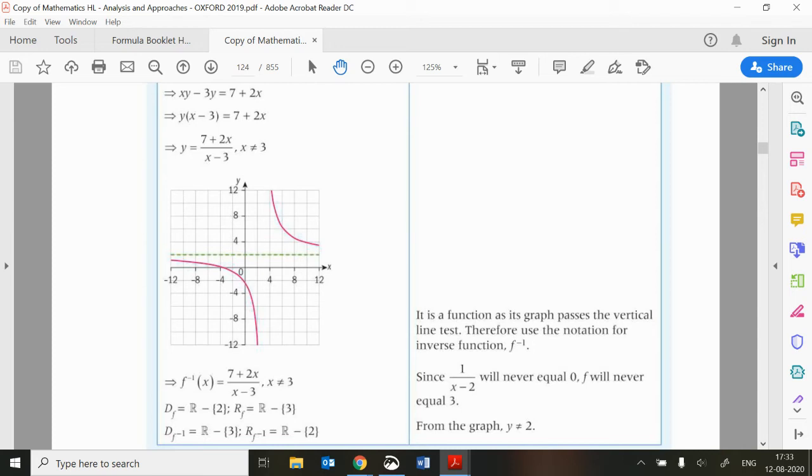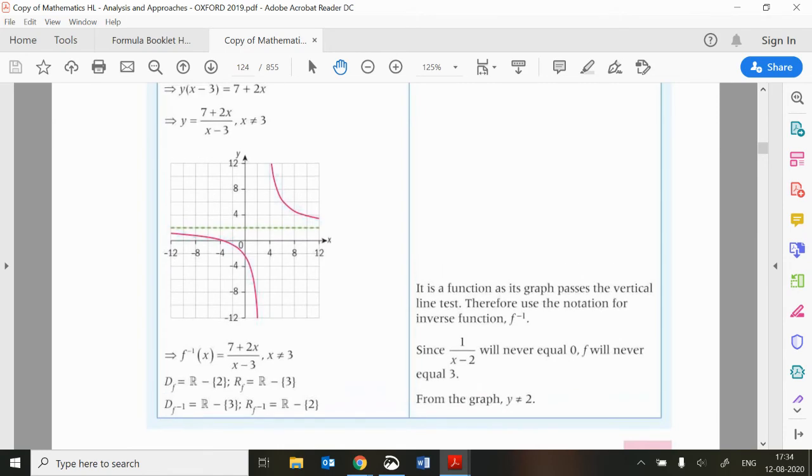Well, that's kind of interesting given what we talked about in the previous exercise, because if we just based f to the minus 1 of x on the domain of f of x, then it wouldn't be a function. But here we're allowed to change this domain to say that x can't equal 3 in this case.